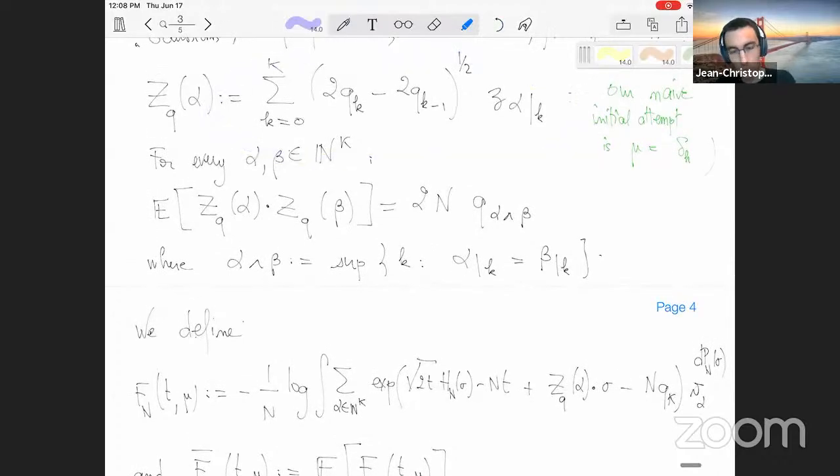It's this sum. So in fact, it appears twice, as 2qk minus 2qk minus 1, and as 2qk plus 1 minus 2qk.